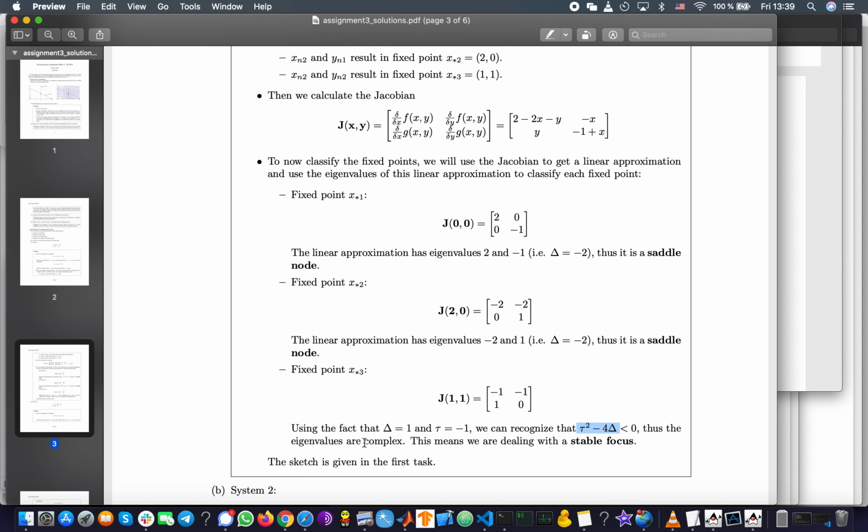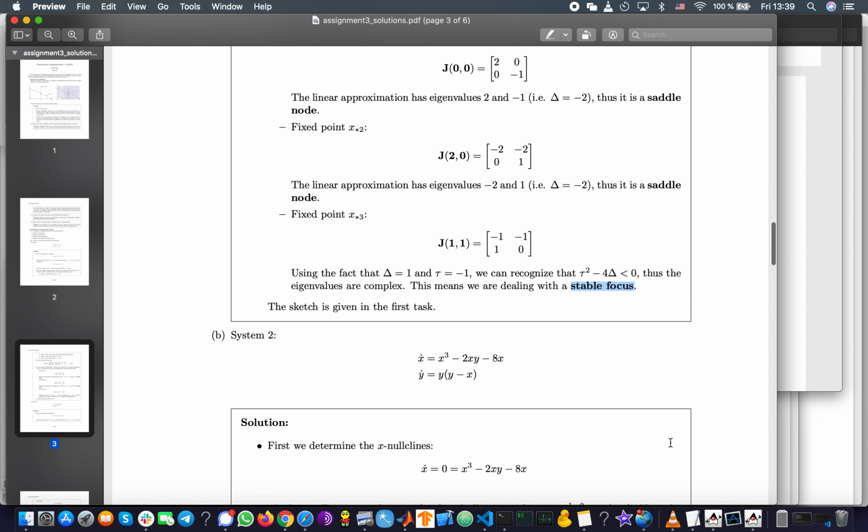Therefore I have the complex roots, right? This means that because the trace is negative, therefore we saw it like in our spiral, right? Therefore it is a stable focus.